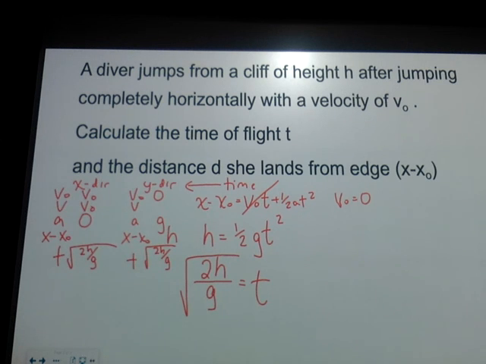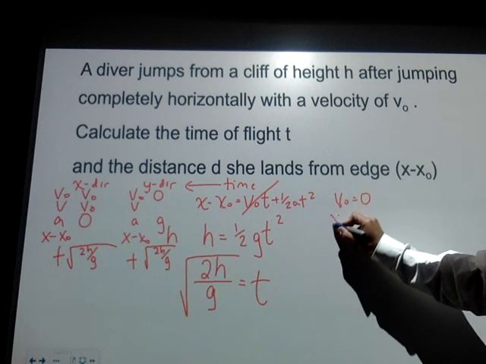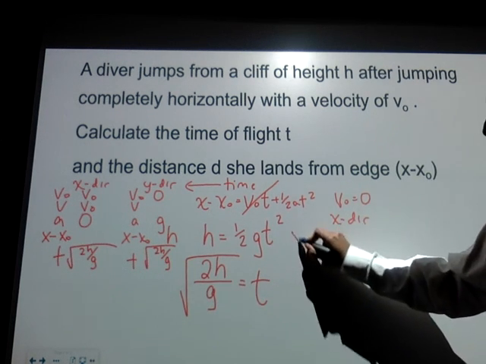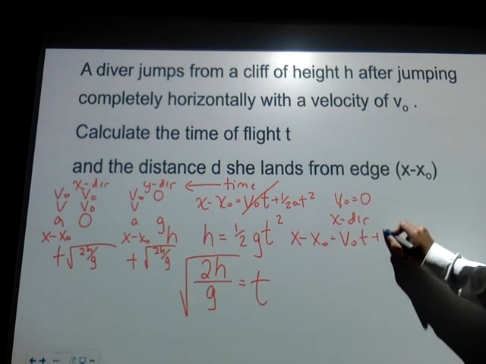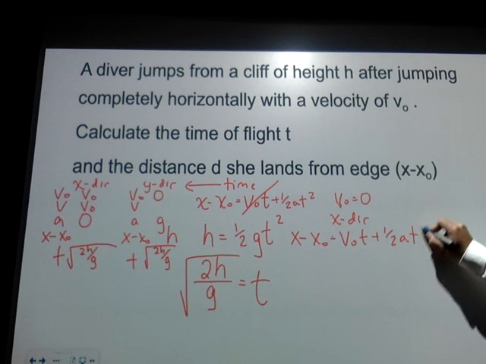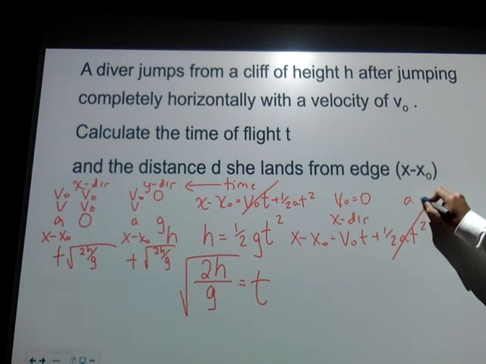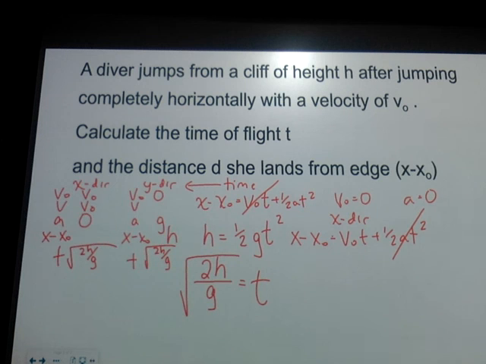All right, then I can consider the x direction to get the range. Same equation. And now the acceleration is 0, so that part cancels out.